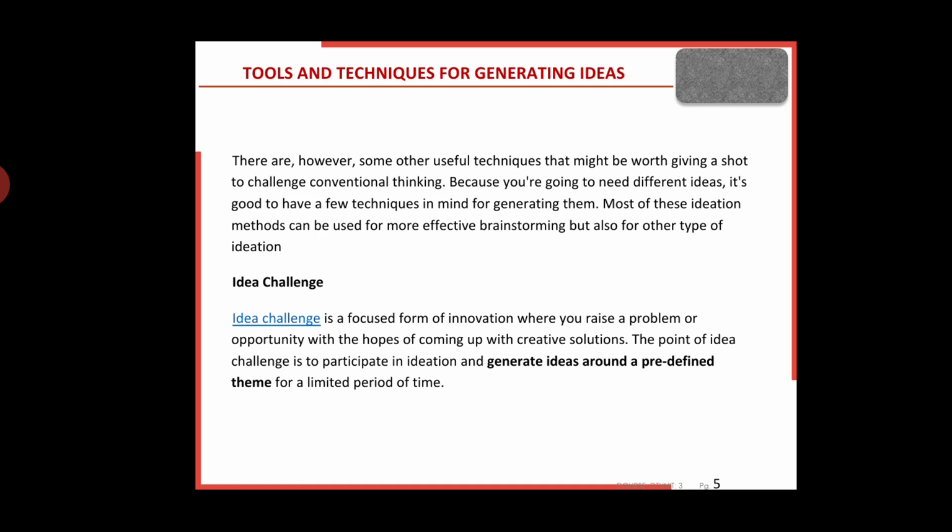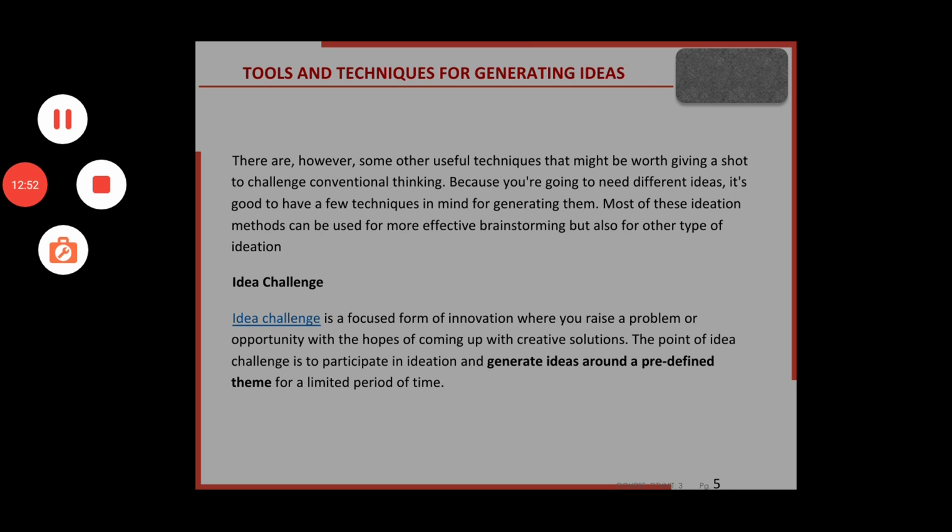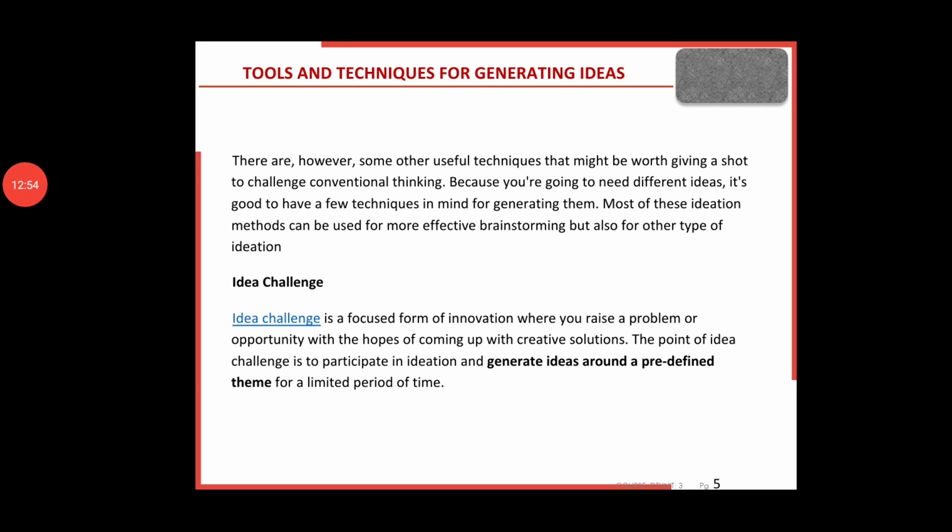First of all, we have to discover some other useful techniques that might be worth giving a shot to challenge conventional thinking, because you are going to need different ideas. It's good to have a few techniques in mind for generating them.